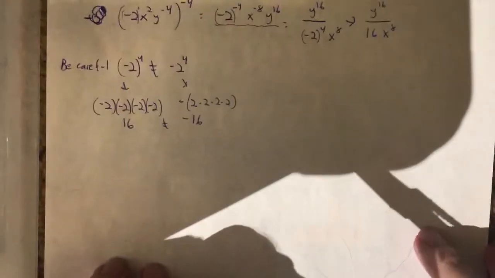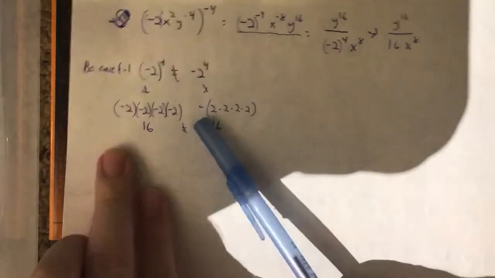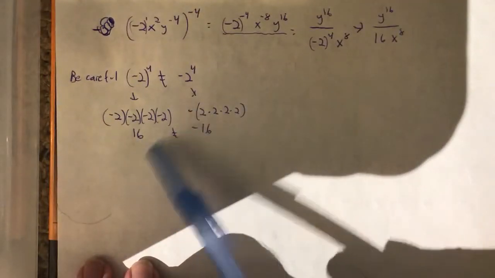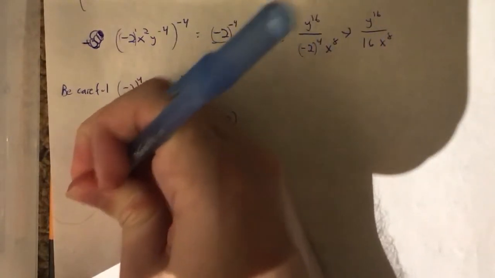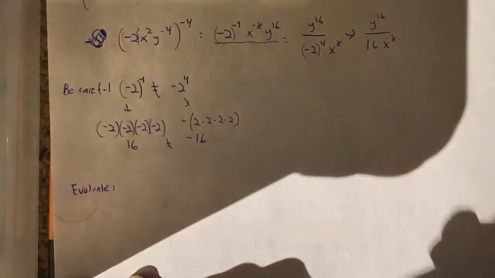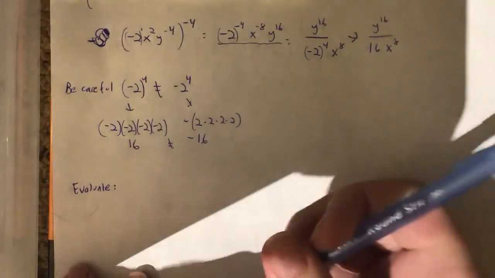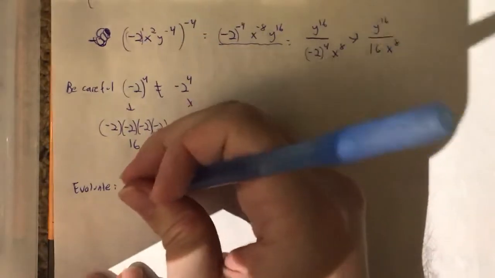And let's just look at one last example with the negatives. So when it says evaluate, that just means get an answer. So let's say I wanted to get an answer for the following.